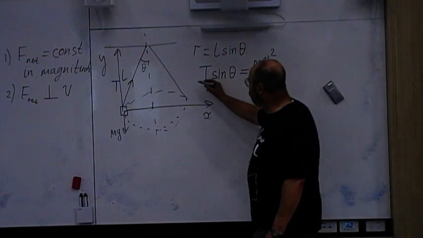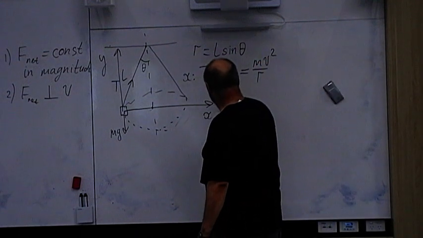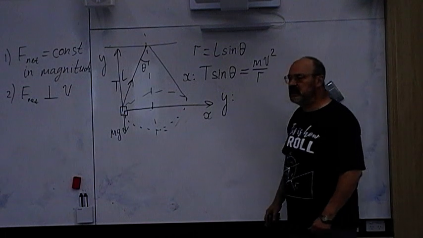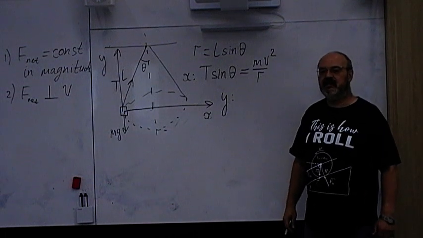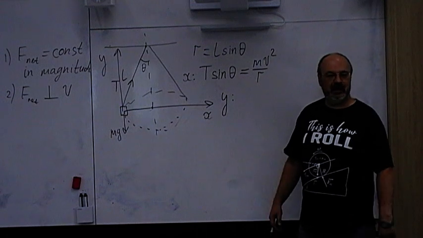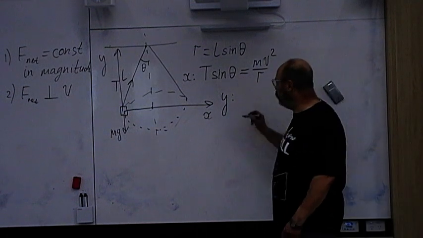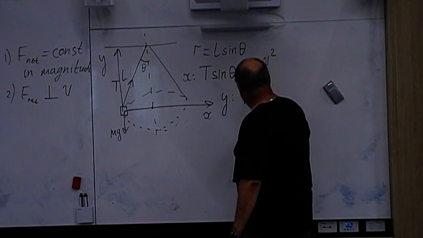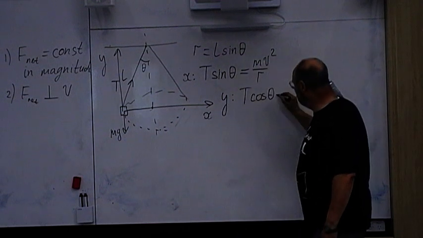Now, what do we have in the y direction? Which force is acting up? Not all of the tension, but a component of the tension: T cos theta. What's acting down? mg.